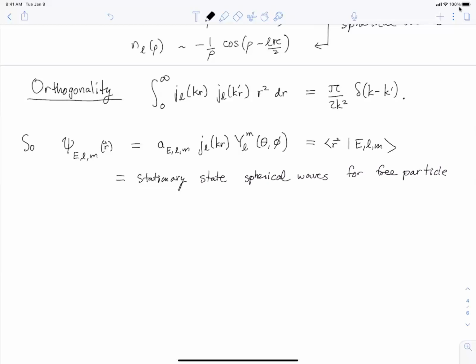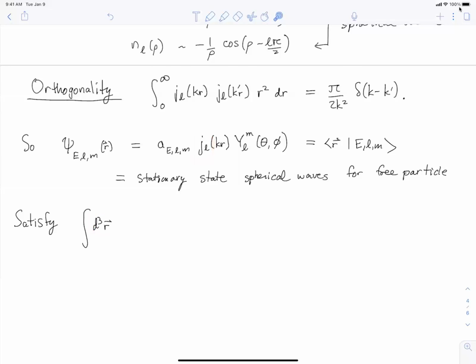Okay, and so if we've got these things, they satisfy the following equation. Let's say you do a three-dimensional integral over all space. So by the way, the reason we're using the j's here and not the Neumann functions is because I'm now integrating over all space, including the origin.